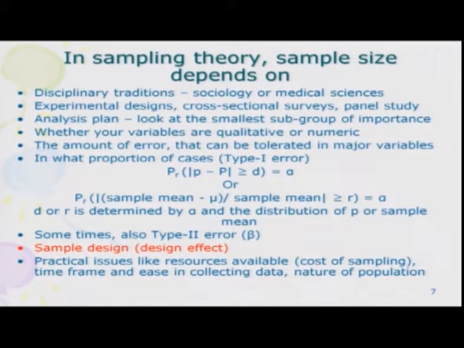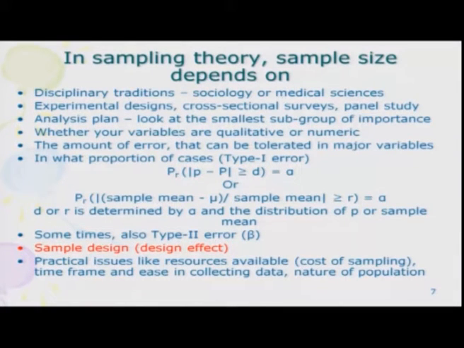That probability of difference in small p minus capital P being more than d is a small probability alpha. So, two things have to be defined, one d and second alpha. D means how much error you can tolerate, and alpha means in what proportion of cases.